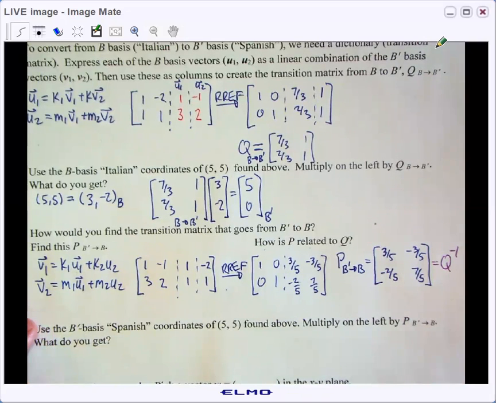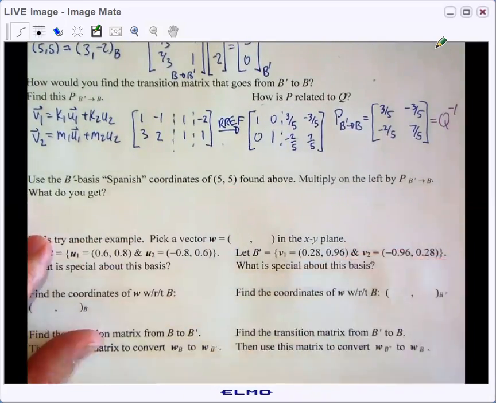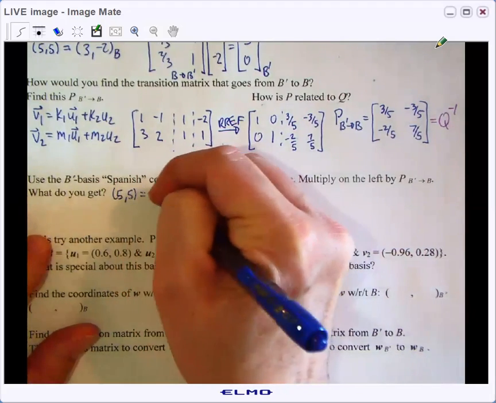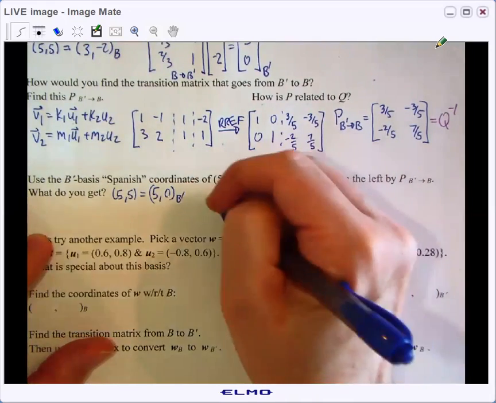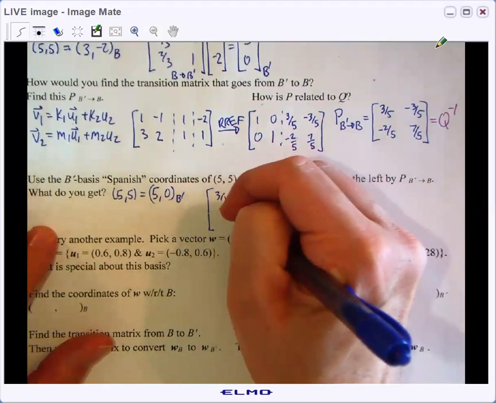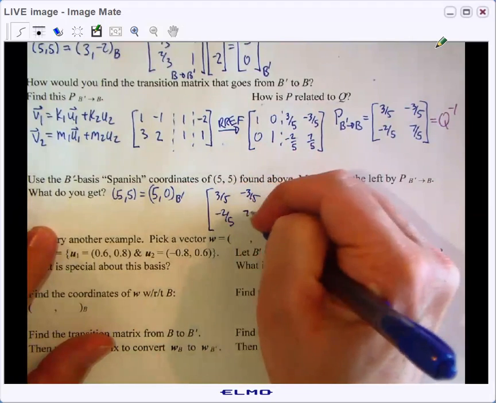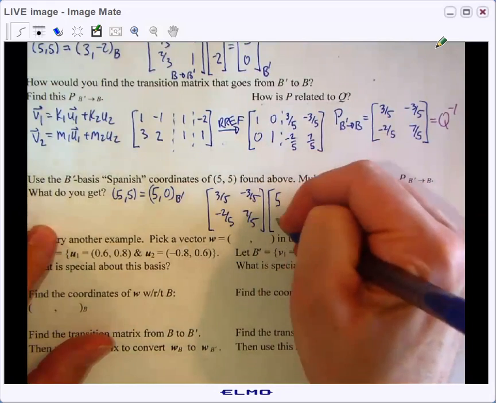Okay, so let's take our coordinates of the 5, 5 vector that we found above. Now remember, this is in English, so we have to turn the 5, 5 into Spanish coordinates. And the Spanish coordinates were 5, 0 with respect to the B prime basis. And so we're going to take this matrix, 3/5, -3/5, -2/5, 7/5, and multiply by the B prime coordinates, which are 5 and 0.